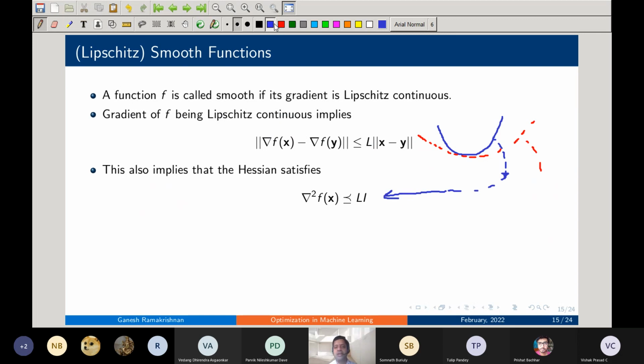But you can say the same thing in the case of strong convexity. Strong convexity was about the Hessian being lower bounded, say by M. So we'll typically use M. Sometimes you'll use theta, lambda, whatever, right? So this is what we mean by strong convexity.